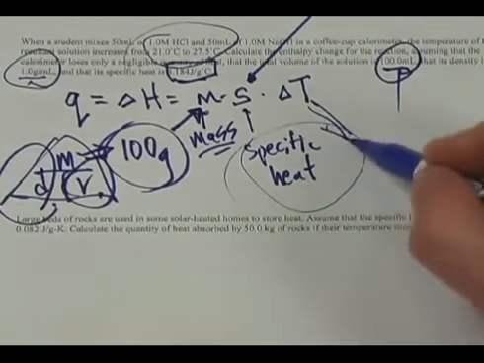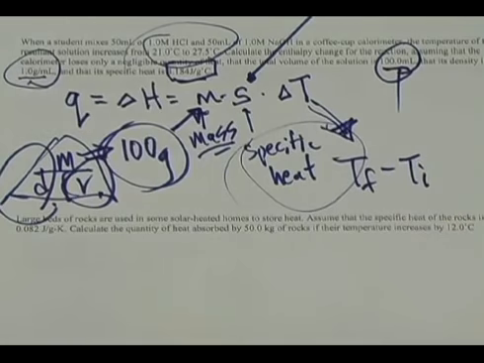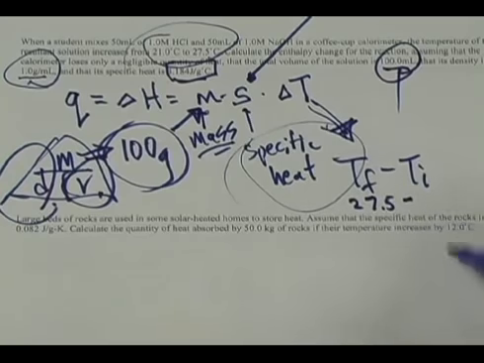And generally when we measure change in temperature, we do temperature final minus temperature initial. In this case, the final temperature is 27.5 and the initial temperature is 21.0. So our change in temperature is 6.5 degrees.